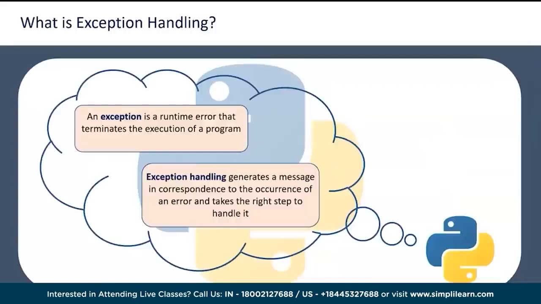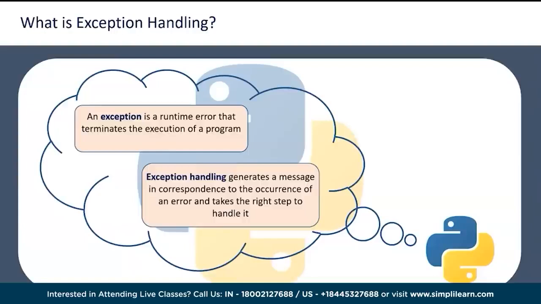Now, what is exception handling? An exception is a runtime error that terminates the execution of a program. So basically, whenever an exception occurs, the program gets terminated, and you are thrown out of the running program. Exception handling means you generate a message in correspondence to the occurrence of the error and take the right step to handle it.